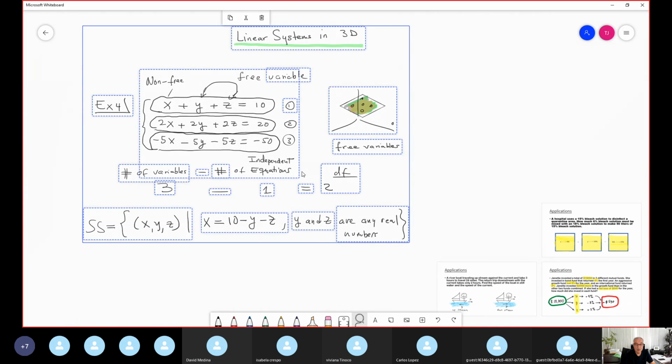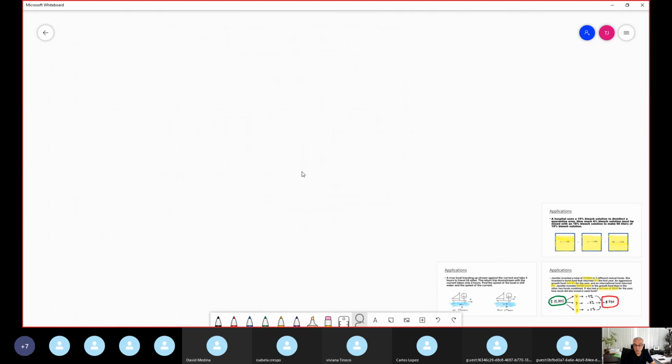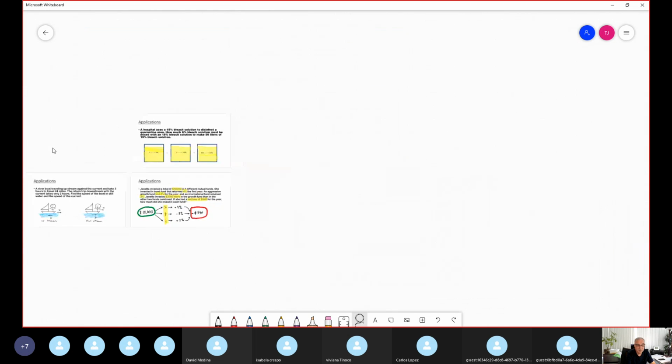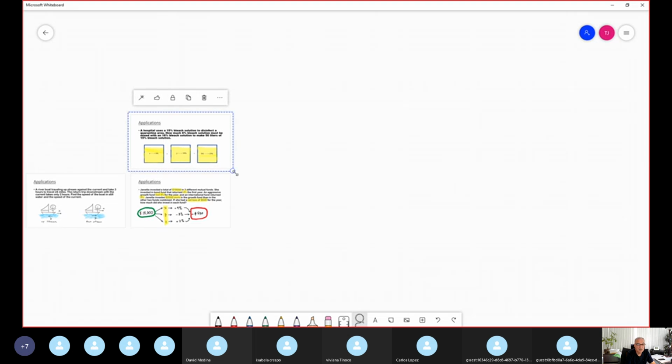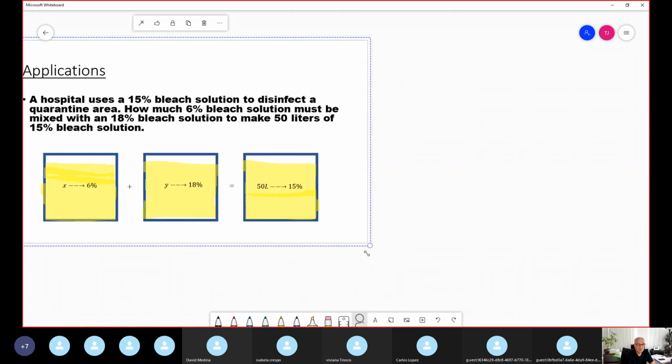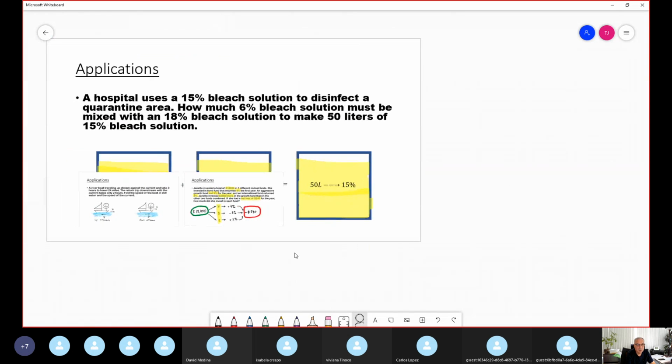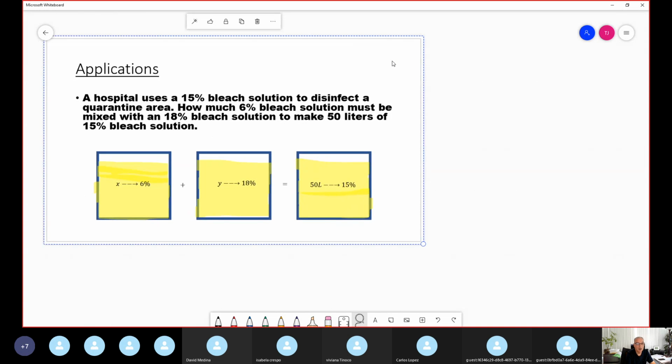What kind of application? Well, the solution for the word problems. I bring 3 word problems. No big deal, easy. The first word problem is talking about the mixed problem.